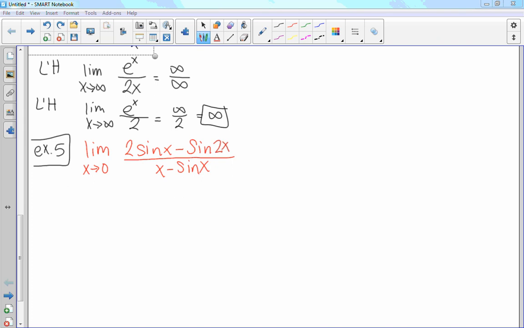How many times do you have to do L'Hopital's rule? 3 times. Yep. That's 6.